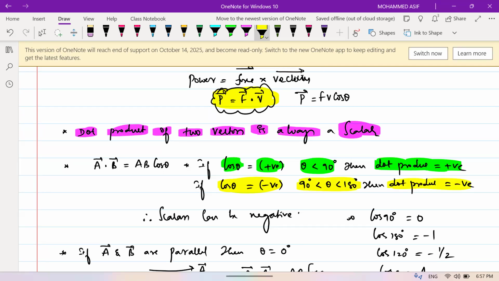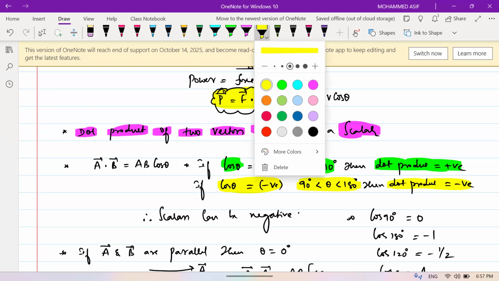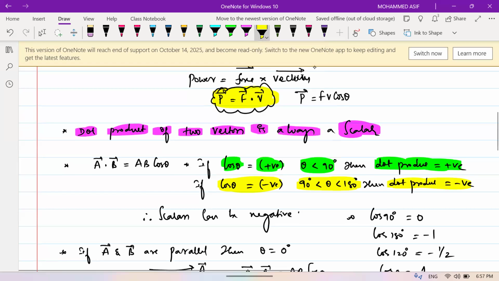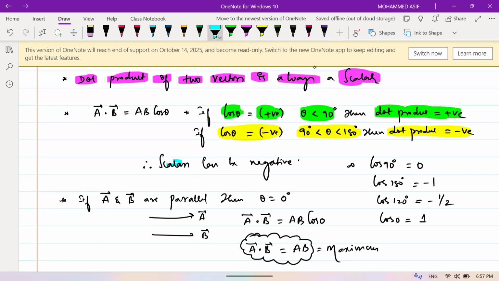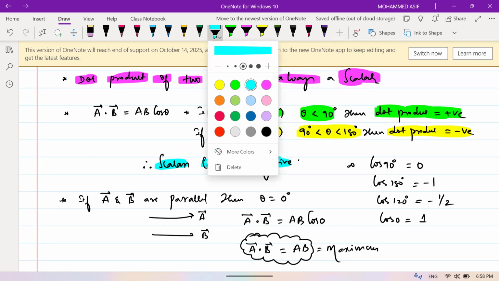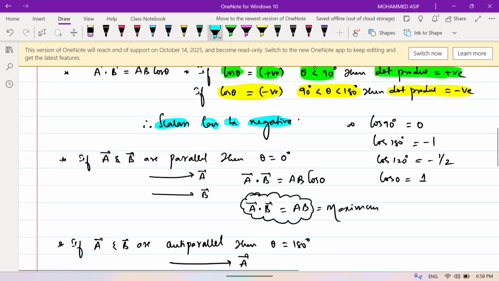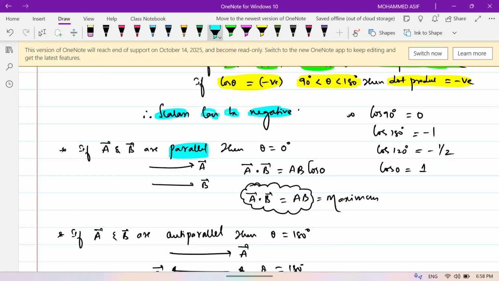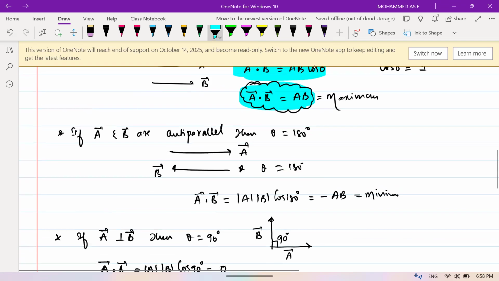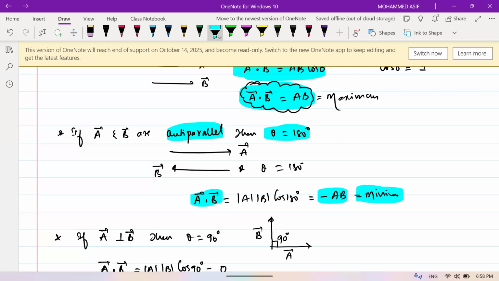Clear? And one more very important point: scalars can be positive, negative, or zero. Am I clear? If two vectors are parallel, then A bar dot B bar will be equal to the maximum. If two vectors are anti-parallel, meaning the angle between them is 180, then A bar dot B bar will be equal to minus AB, that will be the minimum.